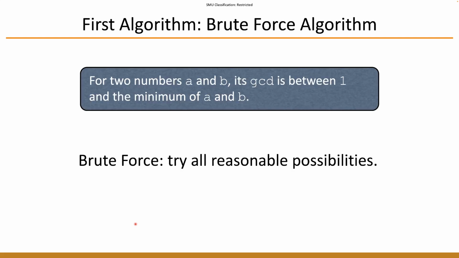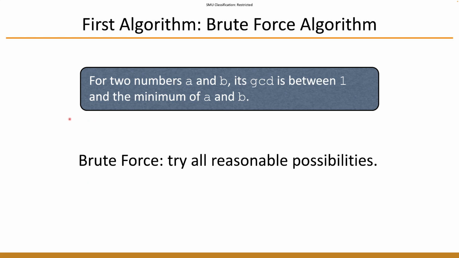So for the first algorithm, just like before, whenever we do not know how to solve a particular problem, we start with the brute-force algorithm, which basically means that we try out all the possible solutions. A very simple way to achieve that is just like what's stated over here.